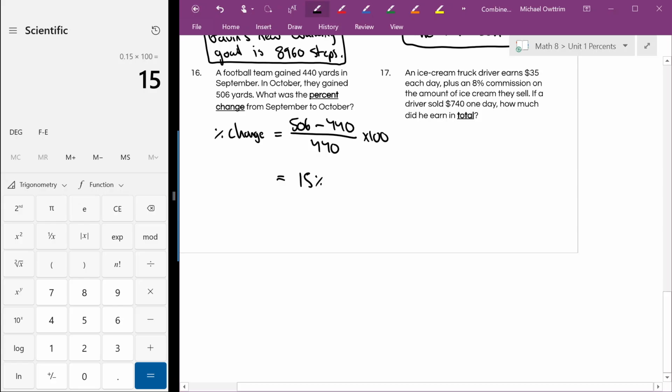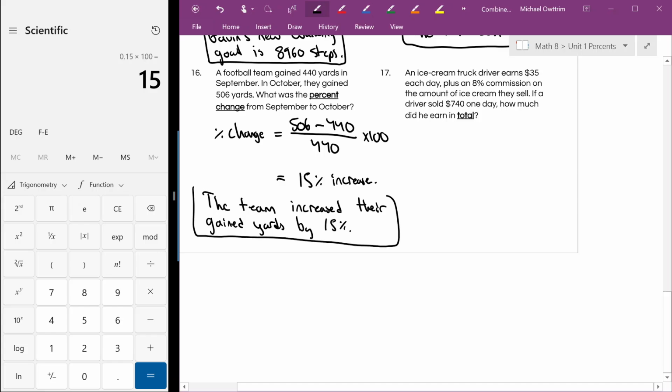Really, since it's positive, we'll say a 15% increase. So we'll say the team increased their gained yards by 15%. Obviously, if we got a negative there, we would be in a decrease.